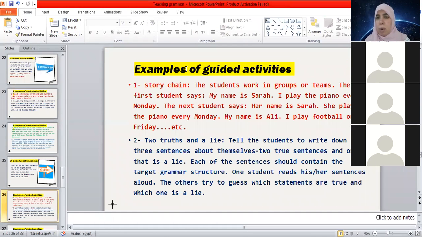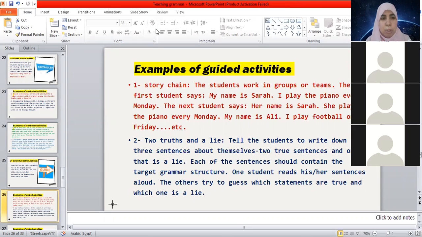Okay, so let's start. Number one is story chain. It's a guided practice activity, and I like this activity. In fact, I use it in my classroom many times.